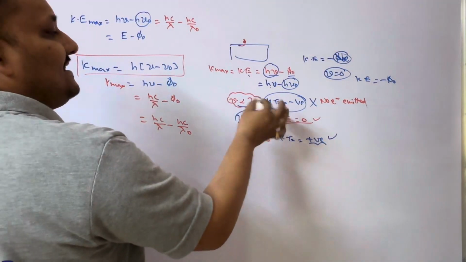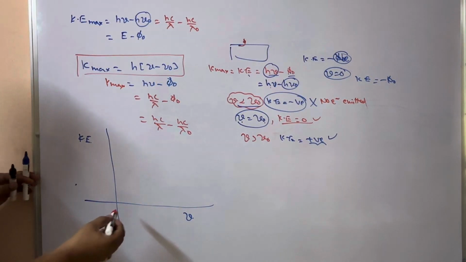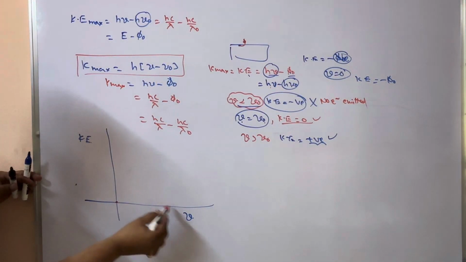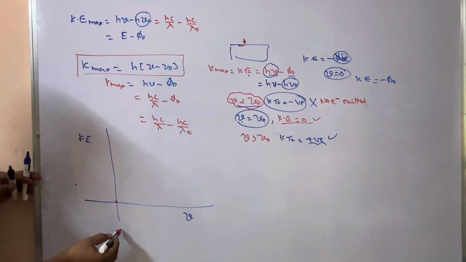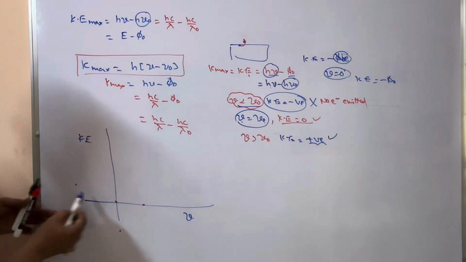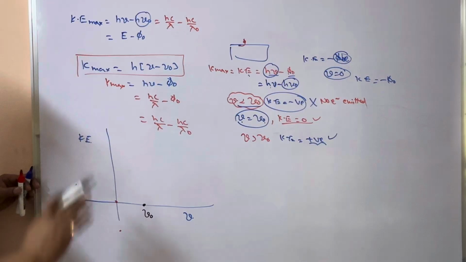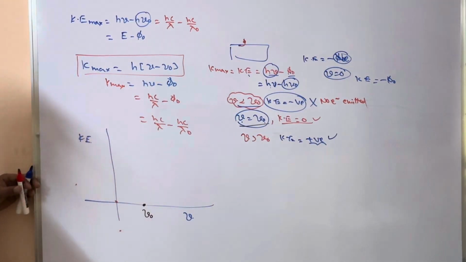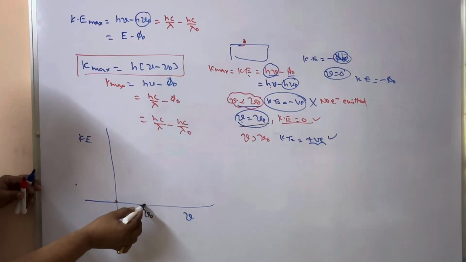If incident frequency is less than nu naught, kinetic energy is negative, we will write. Now, here this is the frequency 0. Then kinetic energy negative means this is positive. You will be getting somewhere here. Kinetic energy negative, so this value is going to give some value where photoelectric effect is going to take place, but kinetic energy is 0. Kinetic energy is 0, nu equal to nu naught.